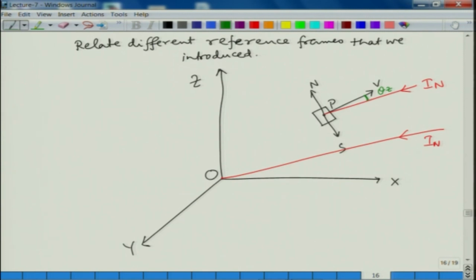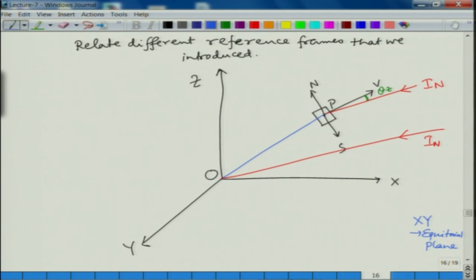Another angle which you can locate very easily is by connecting this center of the earth to the observer location. Okay. So, what you can do, you can project this to the horizontal plane. Okay. So, this x and y you can consider x y to be the equatorial plane.